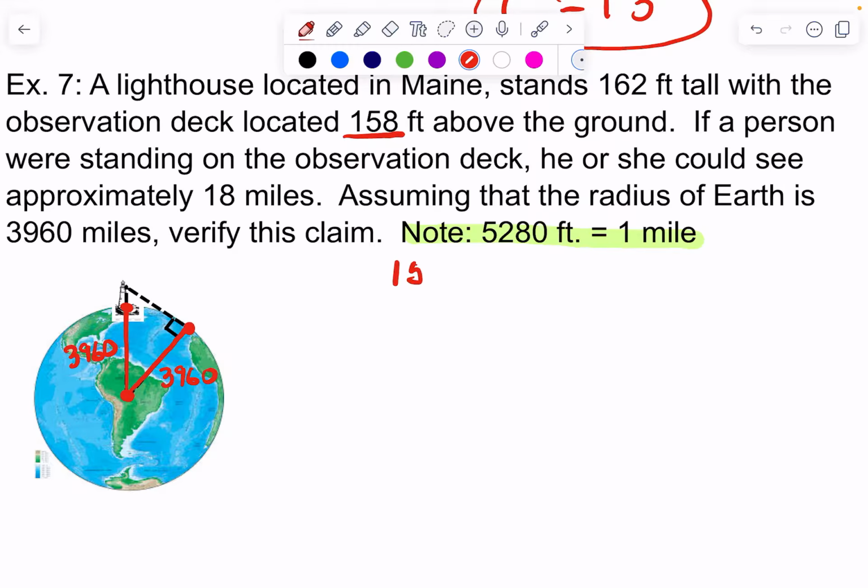So we're going fly, which is 158 feet, to horse, to miles. So we're going to go ahead and use that fact that there's 5,280 feet in 1 mile. So when we convert that, 158 divided by 5,280, that gives us 0.0299, or basically 0.03 miles, 3/100ths of a mile.